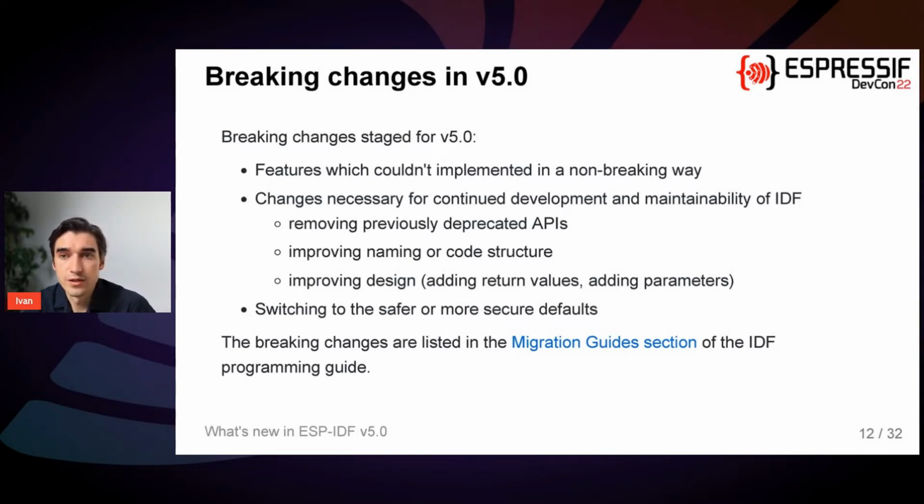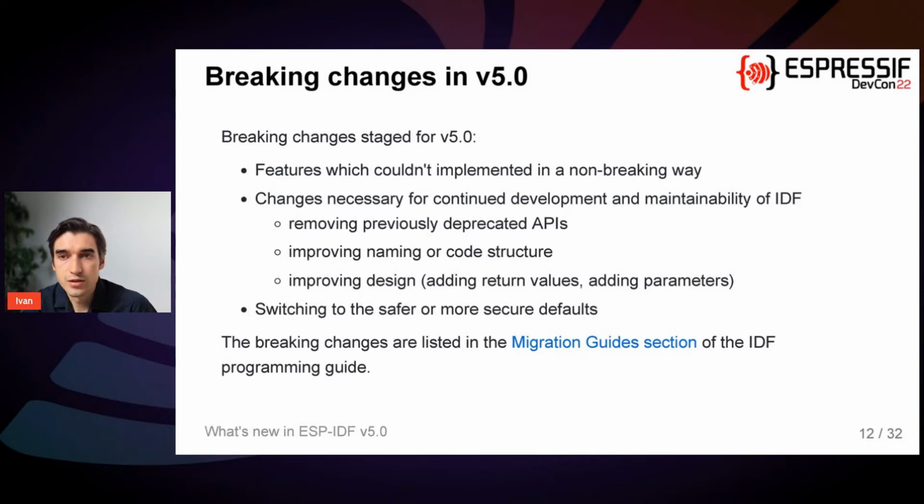Another change in 5.0 is that we have started actually collecting the list of changes in the migration guides section of the IDF programming guide. In the previous releases, we only mentioned the breaking changes in the release notes, but release notes are already quite long and it's sometimes pretty easy to miss something there.